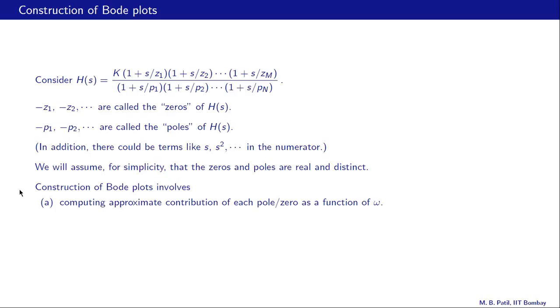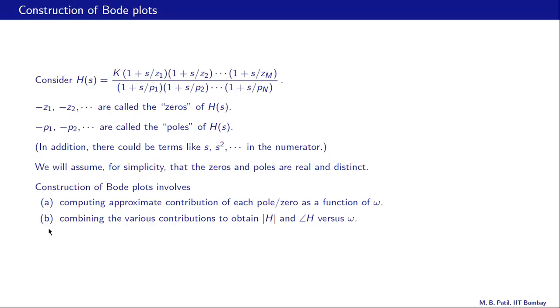Now what does the construction of the Bode plots involve? A. Computing the approximate contribution of each pole or zero as a function of ω. That means we look at the contribution of this term to H(s), we look at the contribution of this term to H(s) and so on.